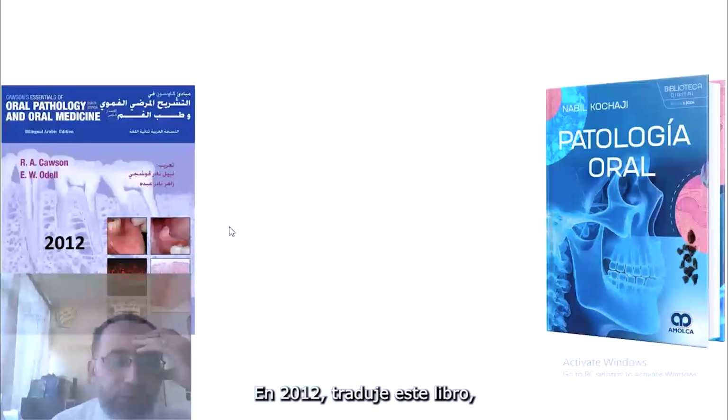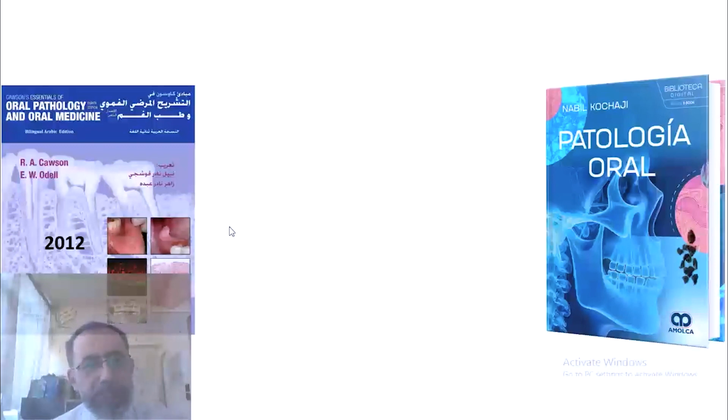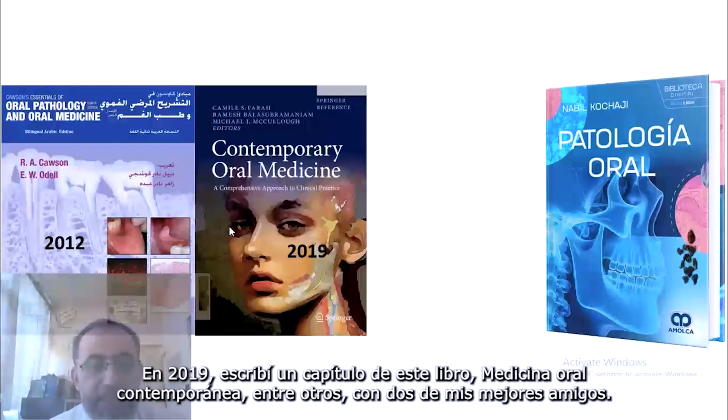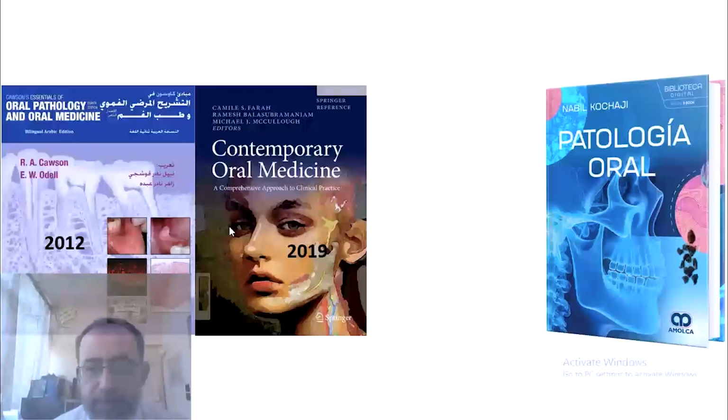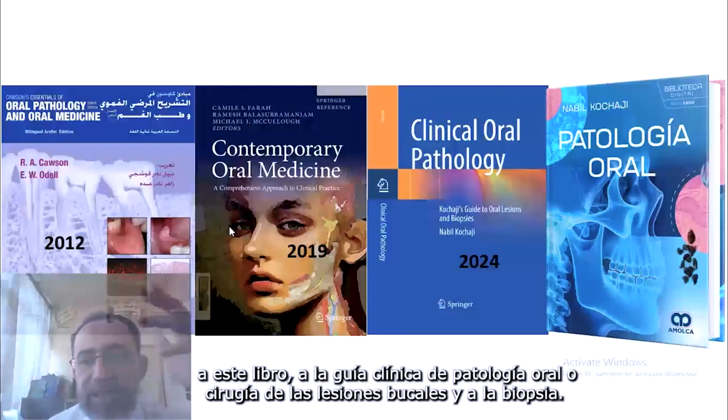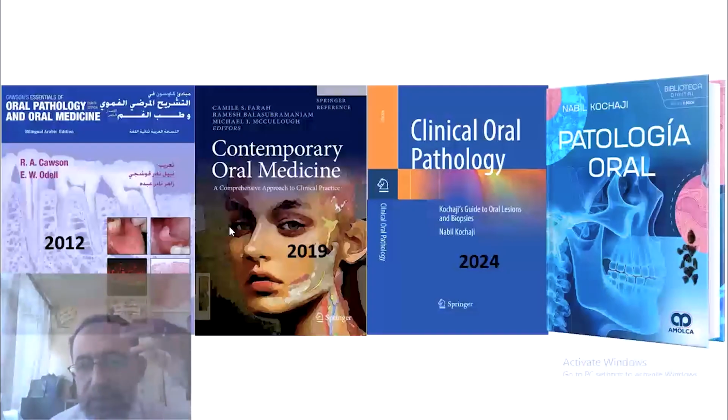In 2020, I translated this book, Counsel Essential of Oral Pathology and Oral Medicine. In 2019, I wrote 1 chapter in this book, Contemporary Oral Medicine, among other, with 2 of my best friends. In 2024, I added all my knowledge to this clinical pathology book, Clinical Oral Pathology, Kochaji Guide to Oral Lesions and Biopsy.